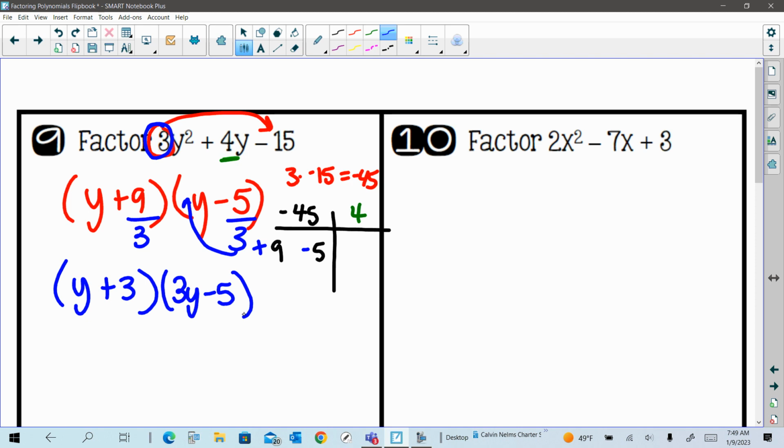Because we're looking just for the factors, this works because 3 times negative 5 still gives me negative 15. And when I multiply it out, this together would give me 3y, and then a negative 3 times 5 is 15, and that would give me that 4y. So these are your factors.